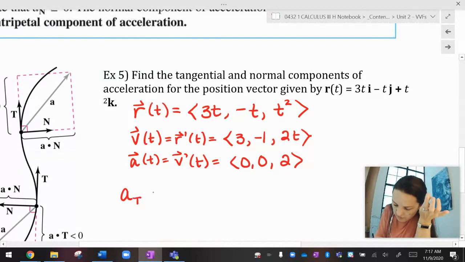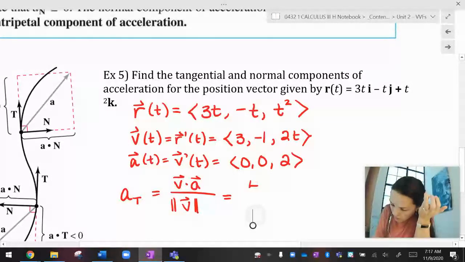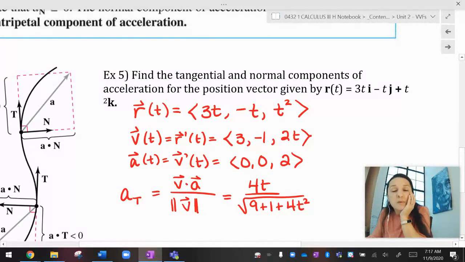So a sub t is v dot a over the magnitude of v, which is going to be 4t, divided by the magnitude of v, which is the square root of 9 plus 1 plus 4t squared. That's the sum of the squares of the components of v.